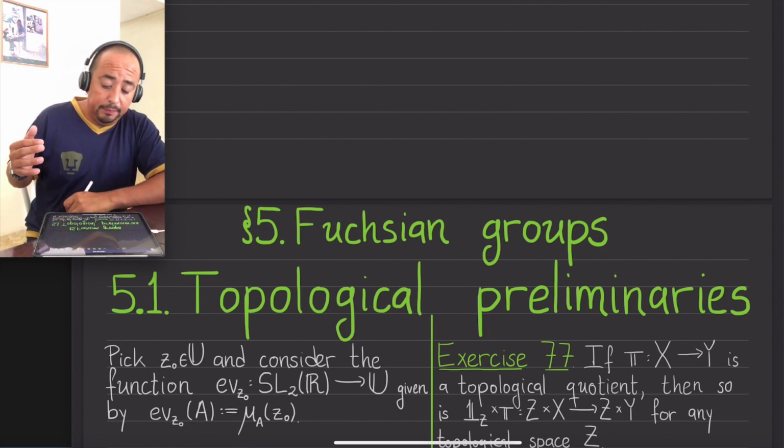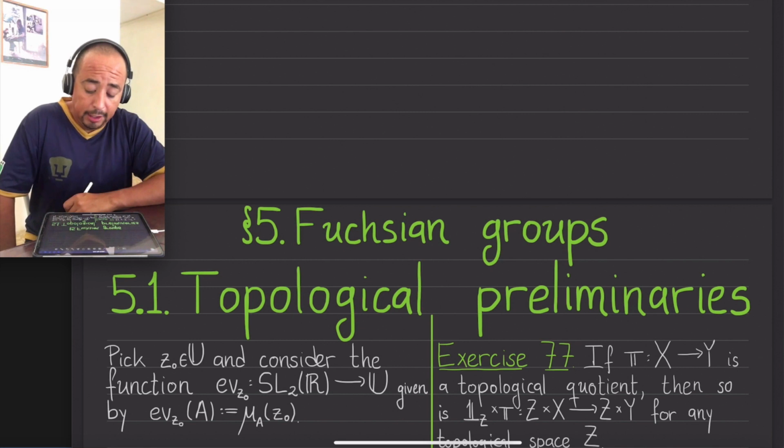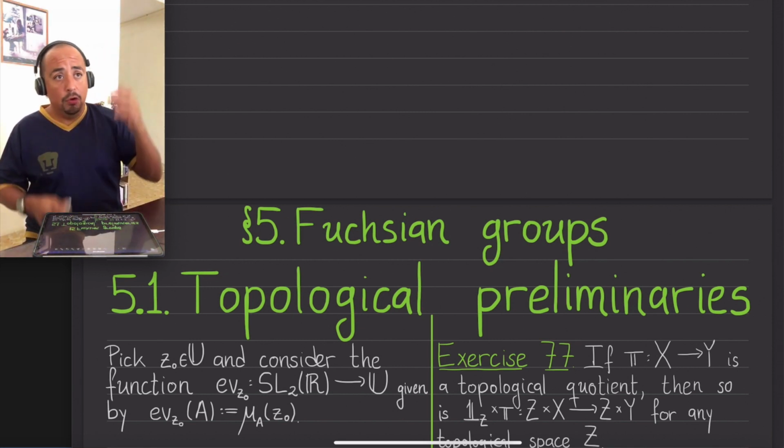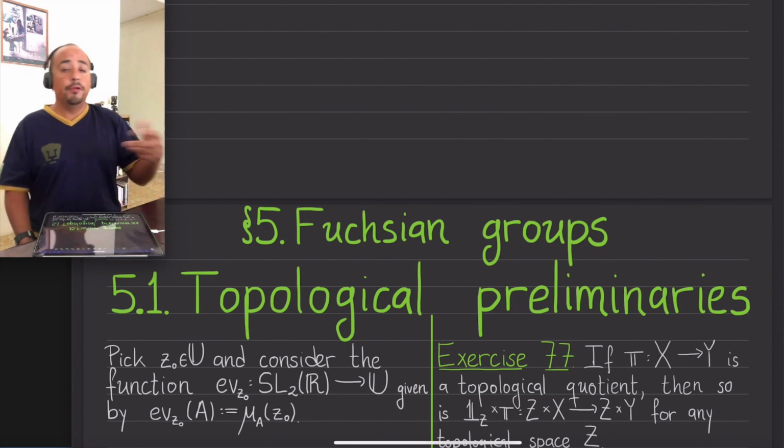that the orbit space of the hyperbolic plane modulo the action of one of these groups has a nice hyperbolic structure or hyperbolic metric, and in such a way that the projection that goes from the hyperbolic plane to this orbit space is a covering map, or a ramified covering function, like almost a covering map.